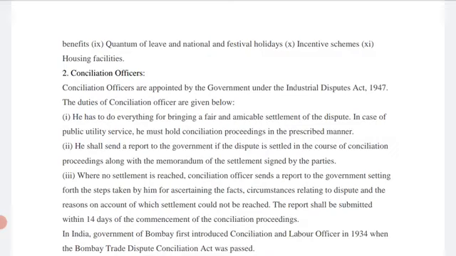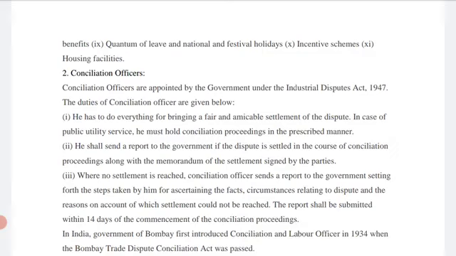Conciliation's meaning, काय आहे बघा पहिल्यांदा. Conciliation means stopping someone. कोणाला तरी थांबवायचंय. Someone who is very angry. जो कोणी रागात आहे त्याला थांबवणे म्हणजेच conciliation. So conciliation officers, they are appointed by whom? By the government under the Industrial Dispute Act 1947.